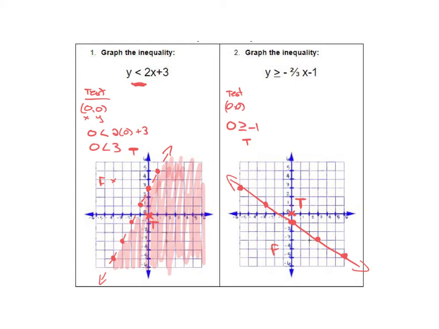And what we want to make sure we do is always shade the true side. Also, when we see that y is greater than, that is going to tell us to go above the line. There is a little cheat sheet with that, so if it is in slope-intercept form, you can use that as well. Okay, let's take a look at the next example.